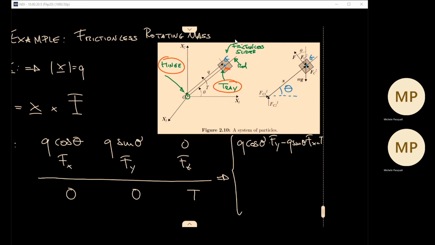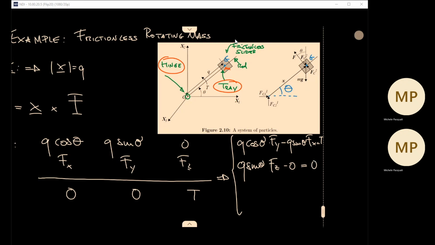And then you have q sinus of theta times fz minus 0 has to be equal to 0.